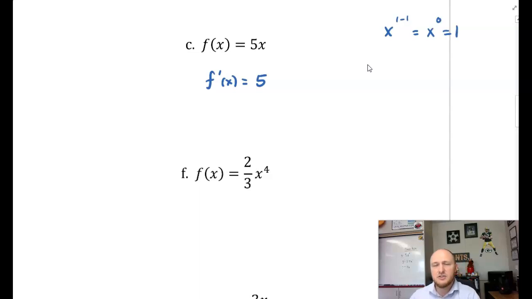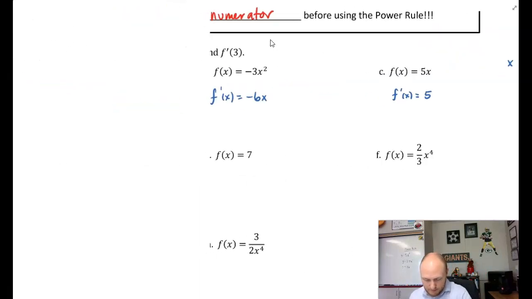So anytime you take the derivative of a linear function, it's just a constant. And this should make sense. Think about it if you were to graph y is equal to 5x. Isn't that just a linear line with a slope of 5? So the slope everywhere on that line is just what? 5. That's it. Very, very straightforward.